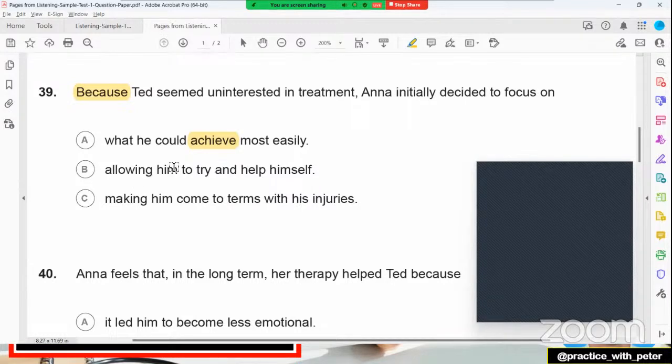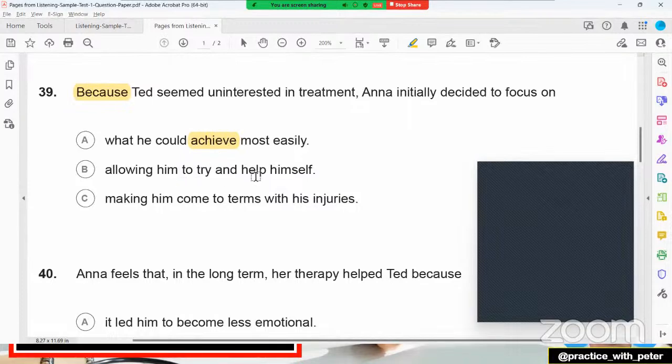allowing him to try and help himself. Allowing him to try and help himself.